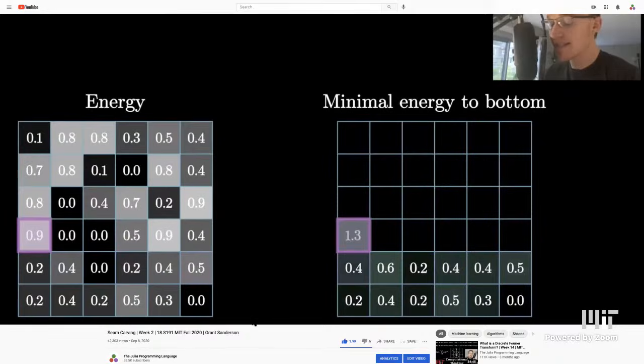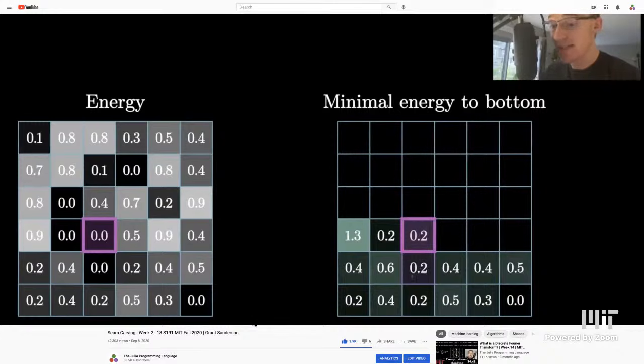And then we do precisely the same thing for the next row. So let me jump to another, this is a sufficiently interesting pixel. So this one, we see that it's got 3 choices for where to hop below it. And now it's not looking at the energy of the pixels below it, but it's saying, once I get to that pixel below me, what's going to be the sum total energy of the minimal path to the bottom from there?